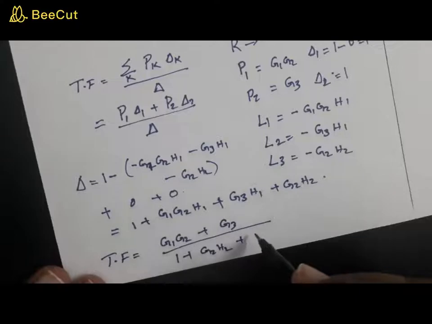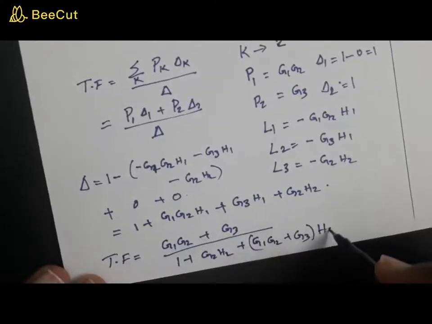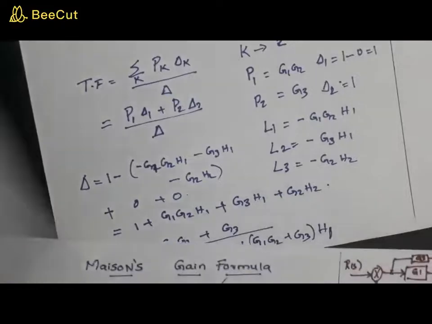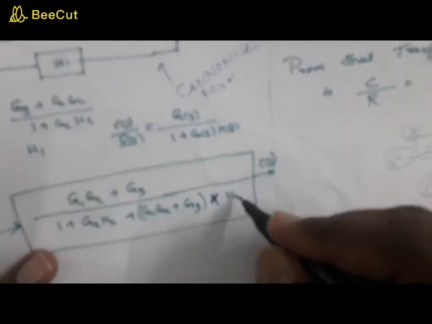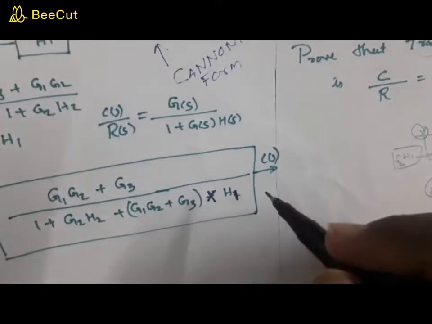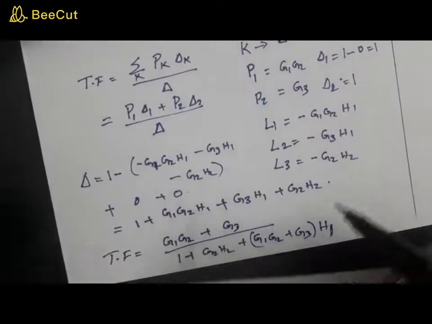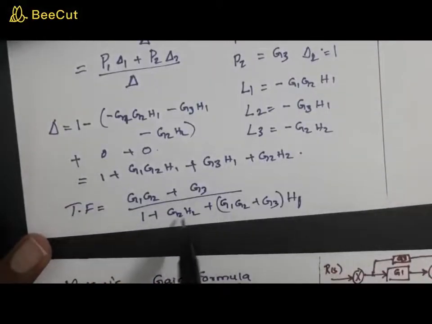So this is equal to G1 G2 plus G3 into H1. Okay, so this is the answer. I think you might have got this as H1, right? So you may just check, I think it is H1. Just refer to your answer. So this is it: G1 G2 plus G3 divided by 1 plus G2 H2 plus G1 G2 plus G3 into H1.